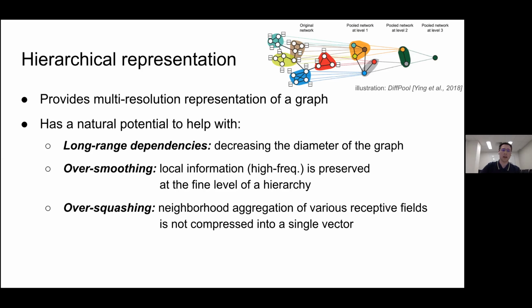At least these different frequencies are separate from each other and not pulled into one vector. Those are the intuitions for why the hierarchical model has some inherent potential to alleviate the issue. Right. Okay, that makes sense. Great. Thank you.